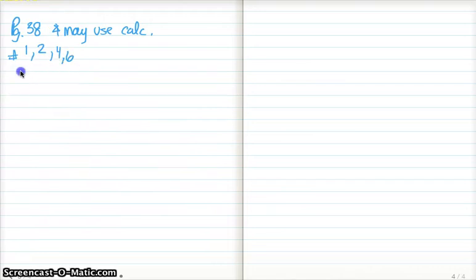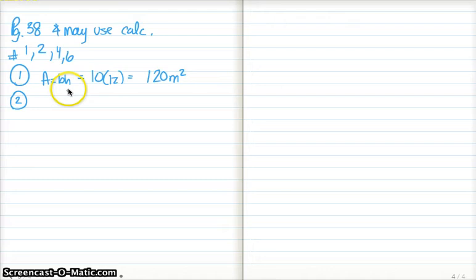Okay, so for number 1, you are given the base, you are given the height, and it's a parallelogram, so you know the area is base times height, so all you have to do is multiply 10 and 12 together and you get 120 square meters. With number 2, we have a trapezoid, so I recommend always writing down your formulas first and then substituting the values you have in order to calculate what it is that you're missing.